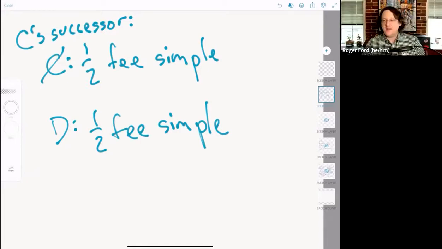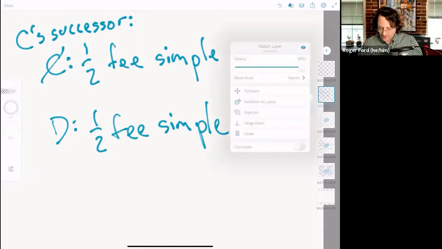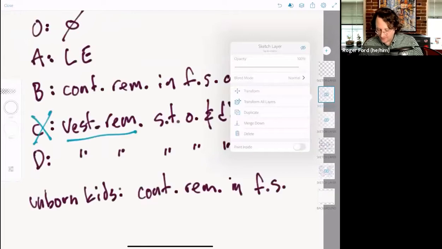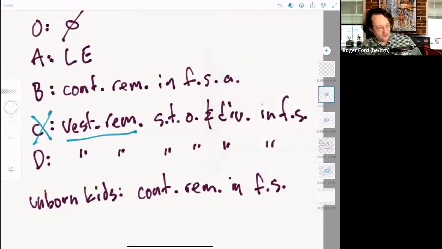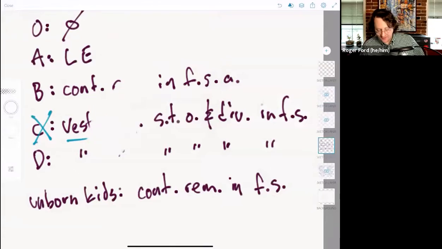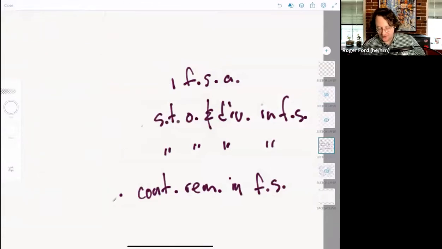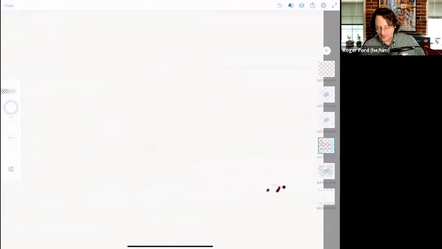Let's go to part B then, since it sounds like we're ready for it, unless anyone has any questions on this. So now we've got a different phrasing of the same intention, right?